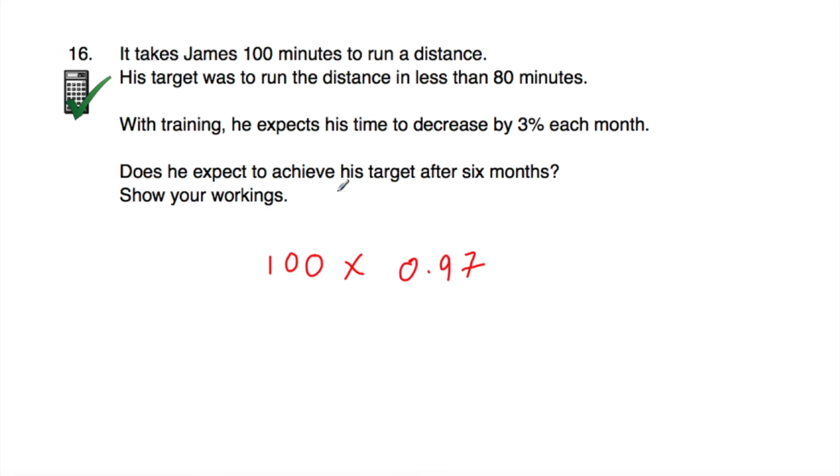And we want to know, does he achieve his target of less than 80 minutes after 6 months? So because it's 3% each month and it's 6 months, it's going to be to the power of 6. So if we do 100 multiplied by 0.97 to the power of 6, that's equal to 83.297 and so on minutes.